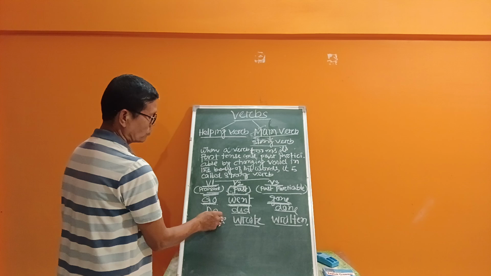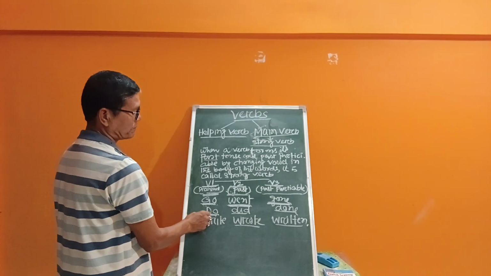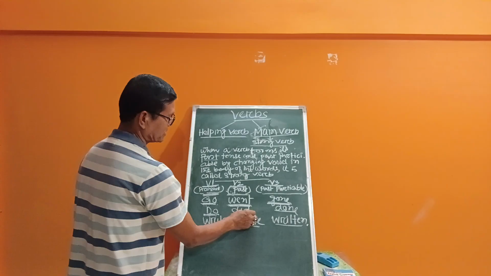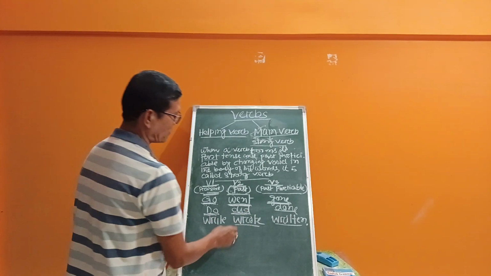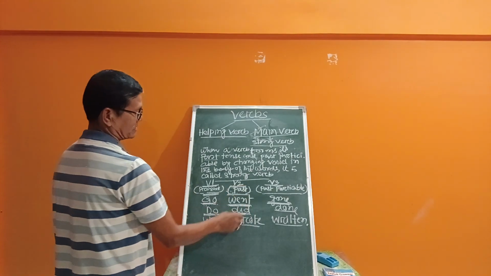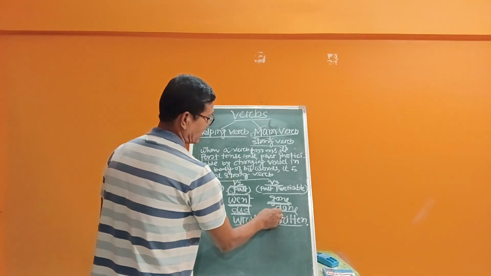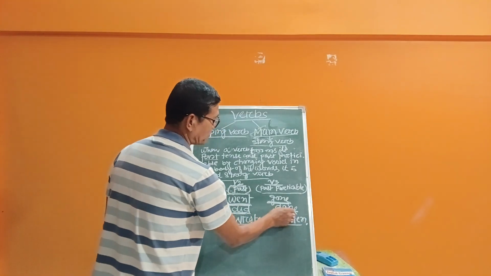Just do. Do is a present verb, and the past tense is did. Here the vowel has been changed to make the past tense. Just done. Done also changes the vowel.